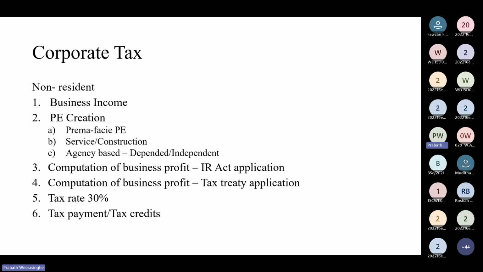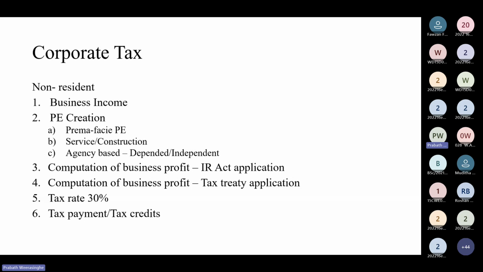You know that in the case of a non-resident person, the person having a source in Sri Lanka is liable for Sri Lanka tax, right? So the permanent establishment is discussed under the Inland Revenue Act, as well as under any double tax evidence agreements between two countries, in which case that agreement is applicable.